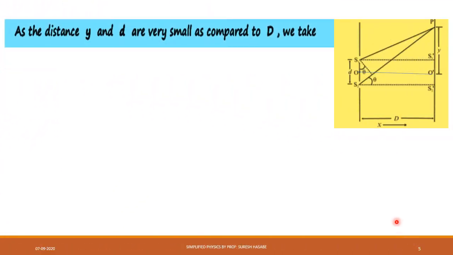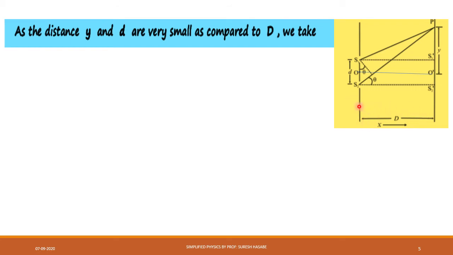Now, what happens here? The distance y and small d are very small as compared to capital D. That means this distance and this distance are very small as compared to capital D. In actual practice, this distance and this distance are in terms of millimeters, and this capital D is in terms of meters.